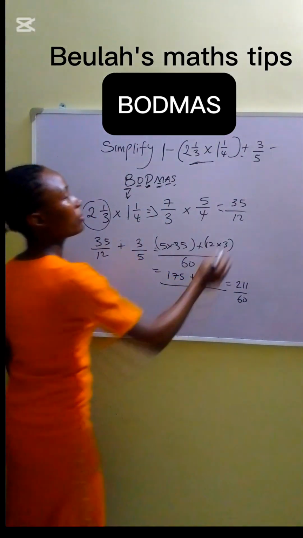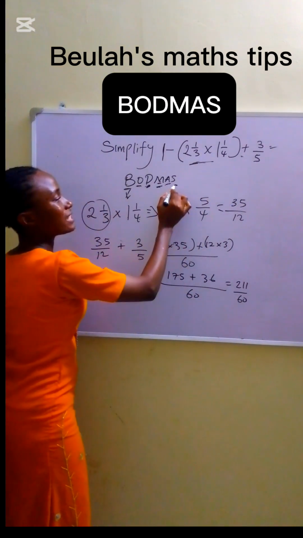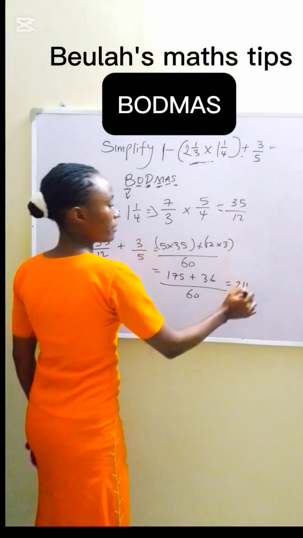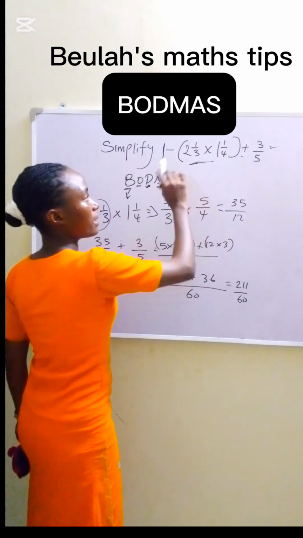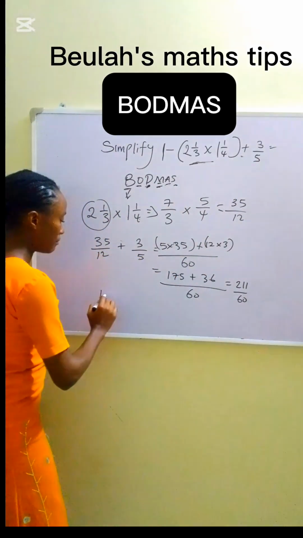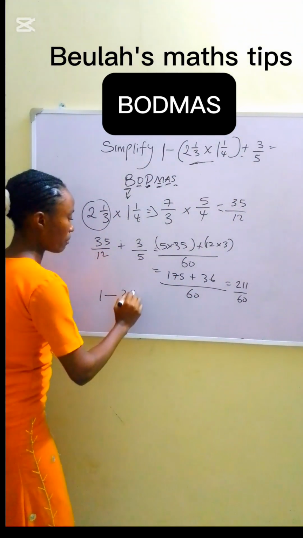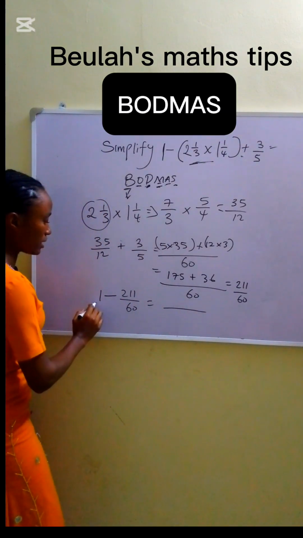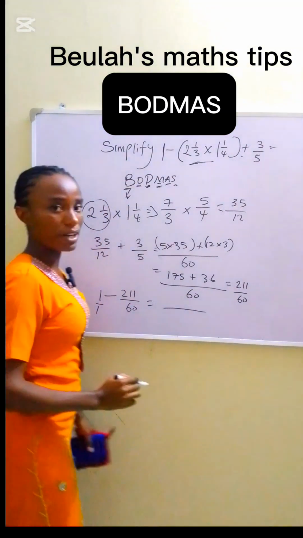Now we're done with addition. The next is subtraction. 1 take away whatever we have here. So we're having 1 minus 211 over 60. We're still going to use our LCM, because this is a fraction. You can make it a fraction to solve it.